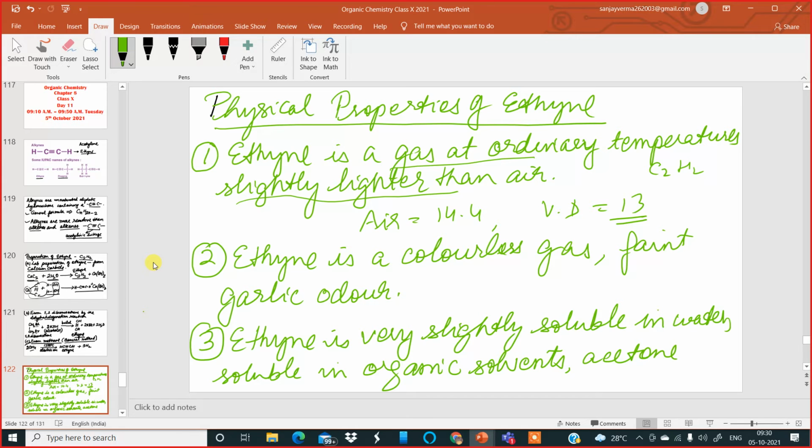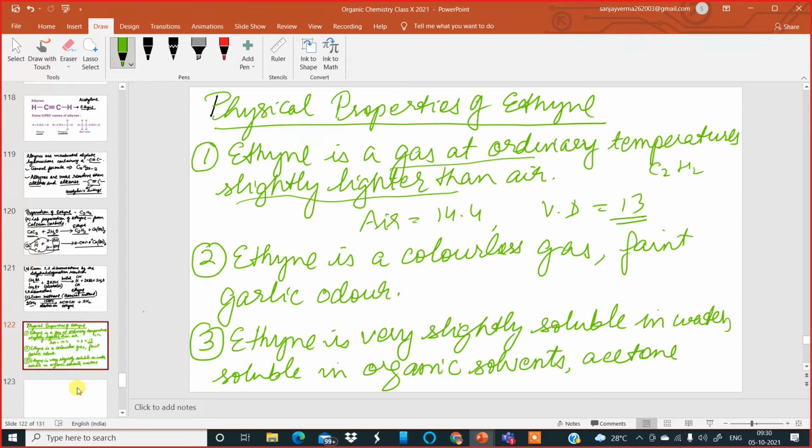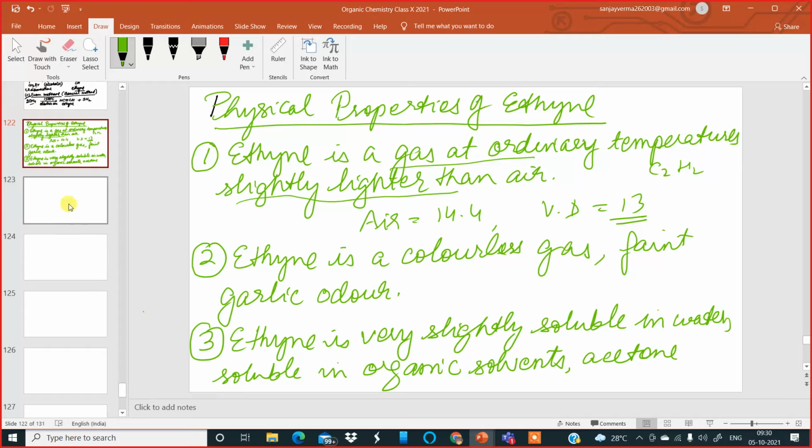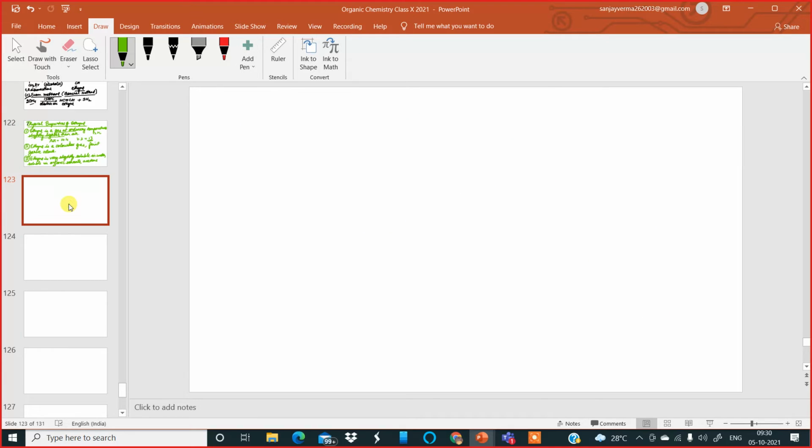Now these are the three important physical properties of ethyne. No need to go through the boiling point and melting point of ethyne. Now after this, my dear boys, let us move ahead to the chemical properties of ethyne. I'll go to the next slide now.